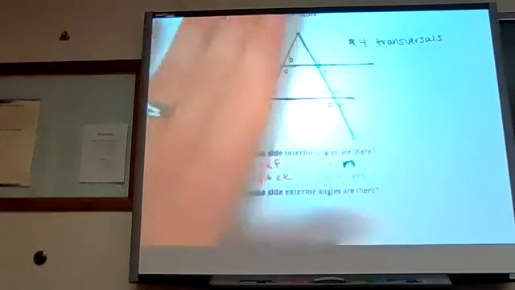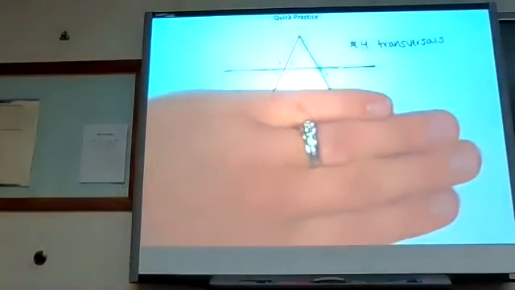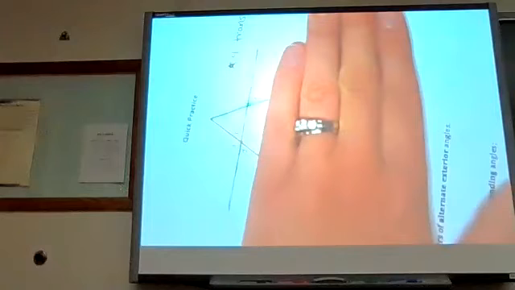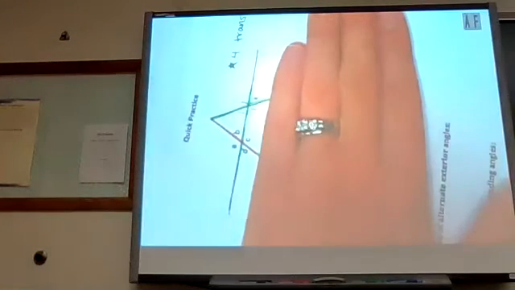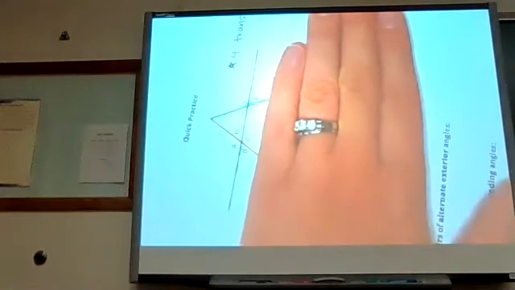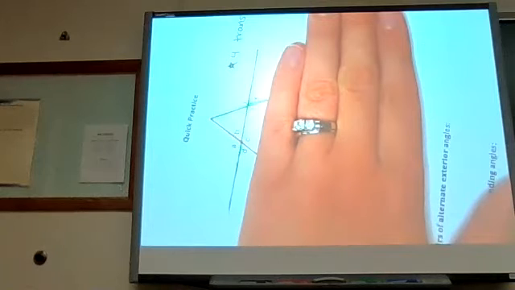Good. Now let's move to the blue transversal. What would be a pair of same side interior angles on the blue transversal? L and C. And J and A. J and A are same side exterior.